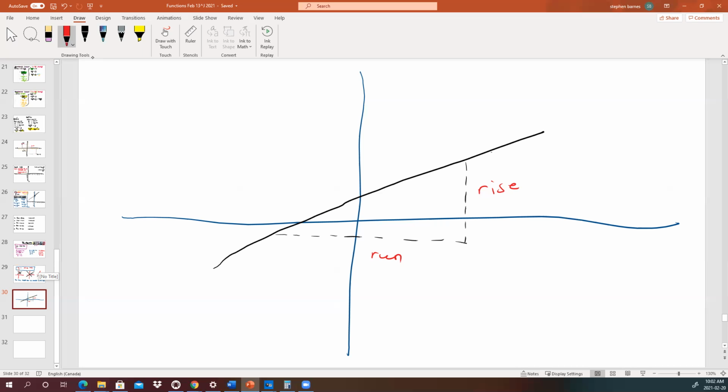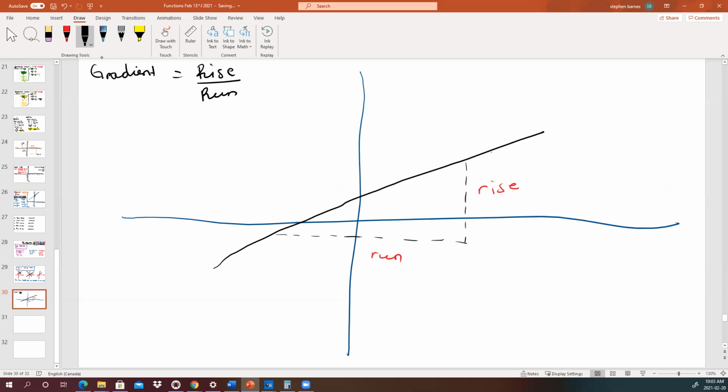Because remember, the formula for gradient is rise over run. So remember we're trying to find the gradient. The rise in this case is from bottom to top of that little triangle, like you're rising up, right?